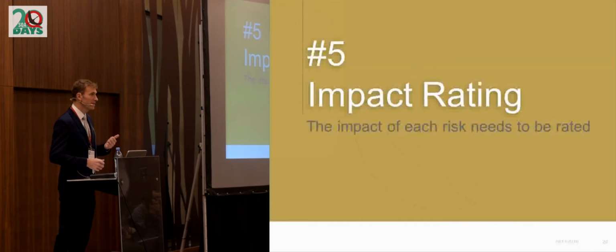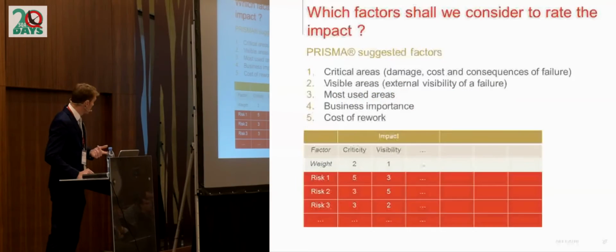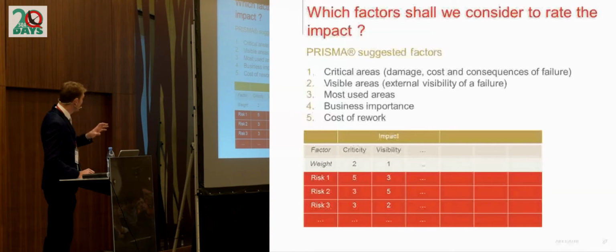Impact, what we have in the PRISMA approach is 5 factors to be studied and which are directly related to the impact of the risk. The first one is about the criticality of the corresponding areas.